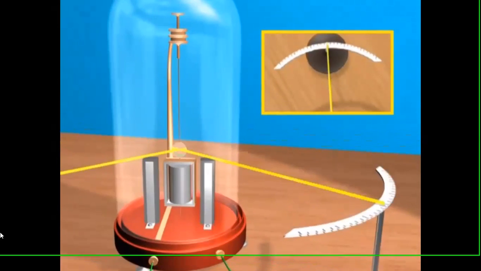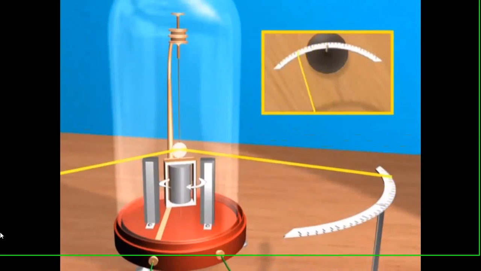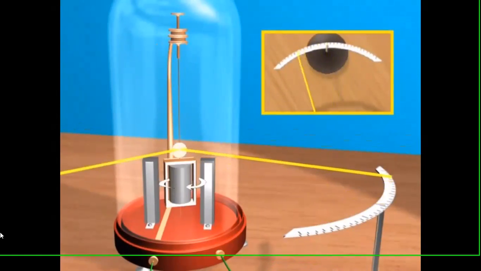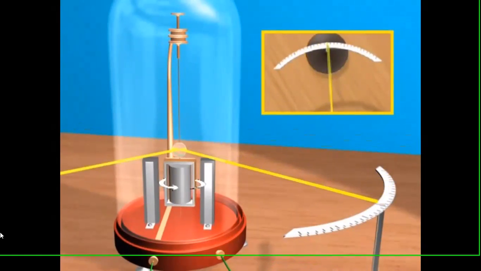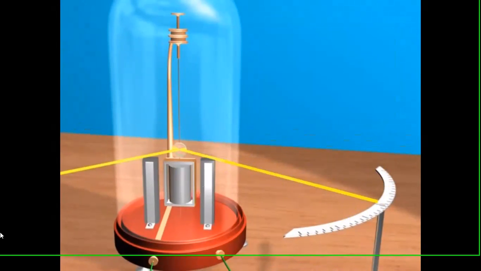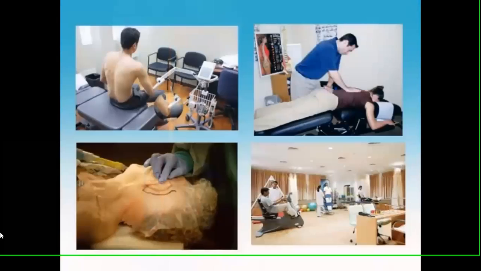When the key is pressed, the coil circuit is closed and the eddy currents are produced due to the motion of the coil inside the magnetic field produced by the magnet of the galvanometer. Due to Lenz's law, the direction of eddy currents is such that it opposes the oscillations of the coil.